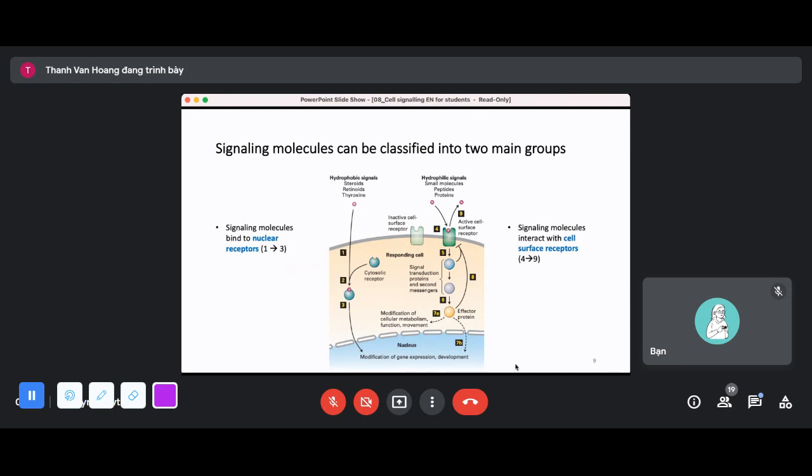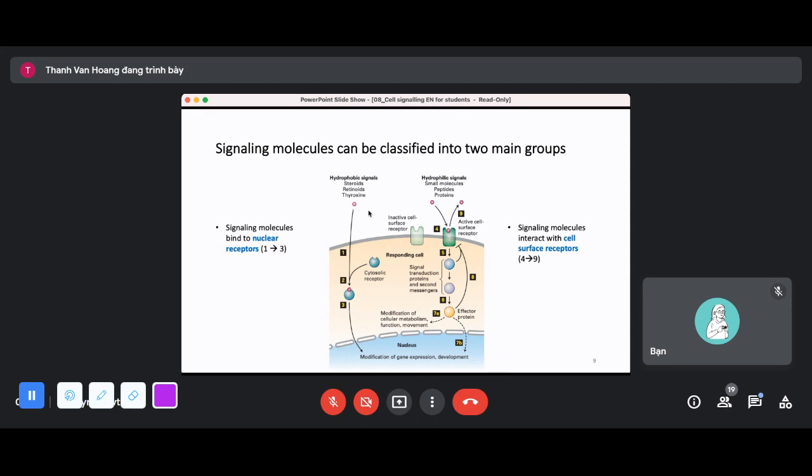And another point, the cells have different ligands or receive different messenger molecules. They also have different types of receptors to receive the signal. And as we said, many messenger or signal transduction proteins are involved in the signal transduction process. And now we will go from one part to the other.